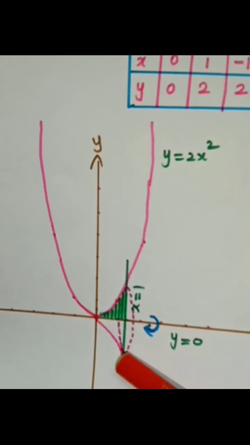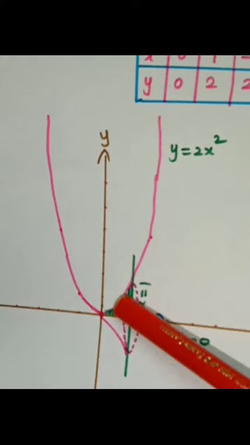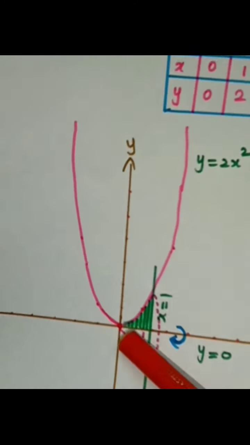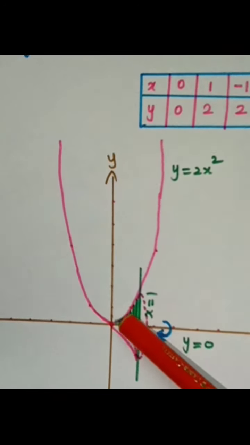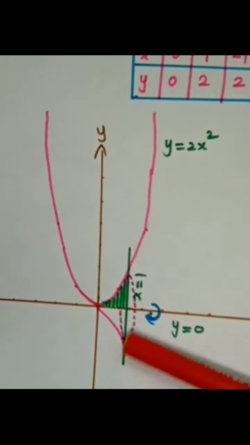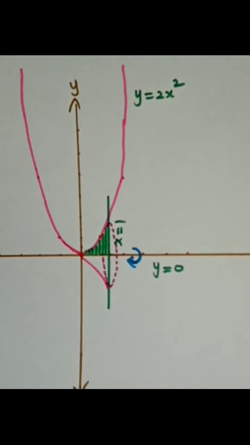For that only I have drawn this part. So you are going to find the volume of this solid. The green color shaded region is revolved about the x-axis, and you will get this whole solid.